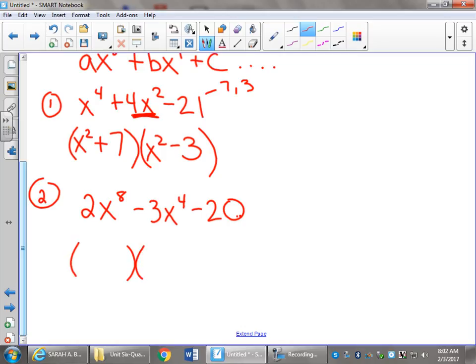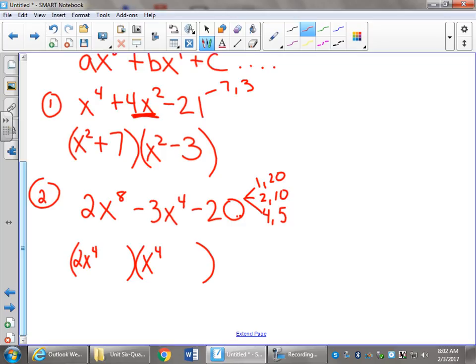So I'm going to set up my binomial. The only factors of 2 are 2 and 1, so it's going to be 2x to the 4th and 1x to the 4th. And then you have to work through and find factors of 20. So it could be 1 and 20, 2 and 10, 4 and 5. So you have to figure out which ones, when I check my outer and my inner, will give me a negative 3x.